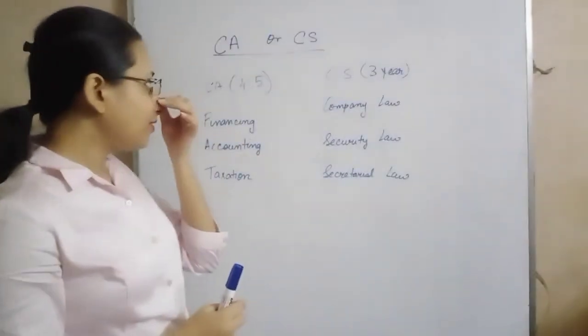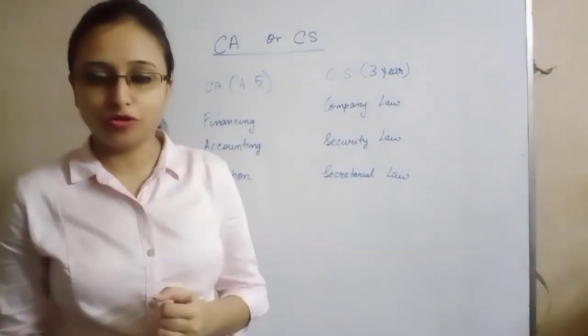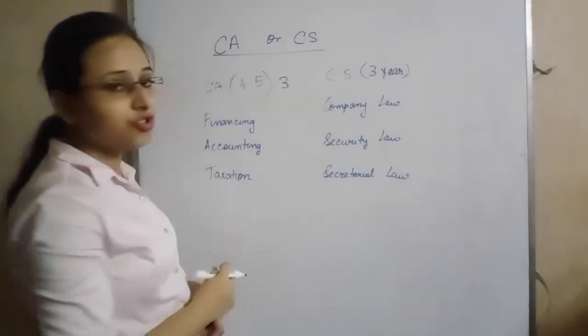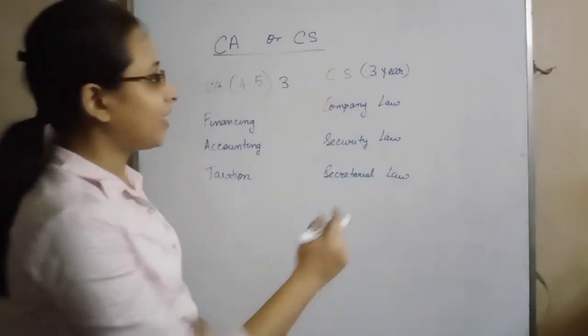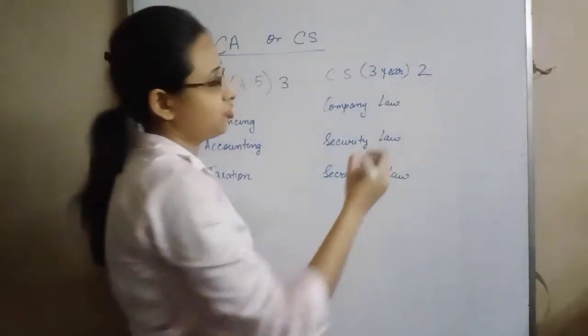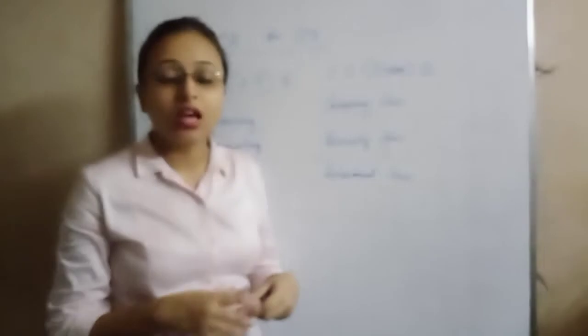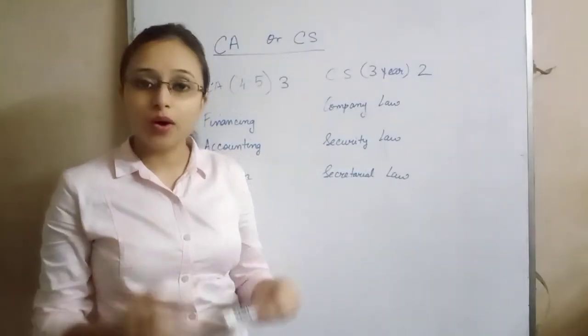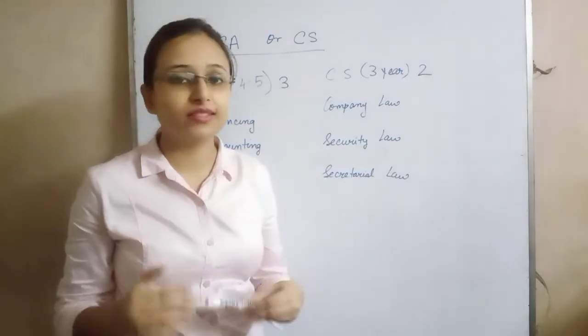Now there is a time for articleship also. CA has 3 years of articleship and CS has 2 years of articleship. You can start the articleship after you finish your final exams or even while you have just cleared another step.